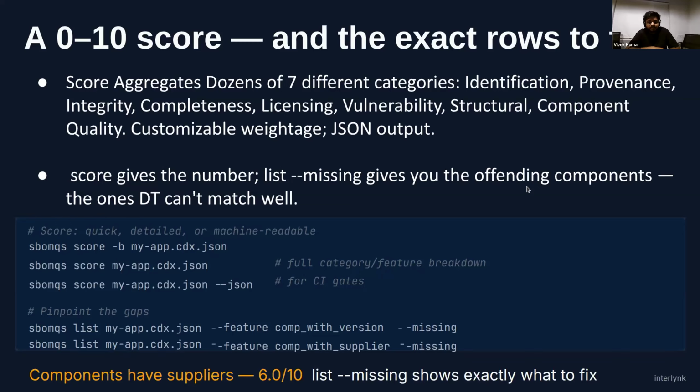You want to check what fields exactly your components are missing. From the score you can see what field is missing, and using the sbomqs list command you can get all the components that are missing that particular field or feature. We will see this later in the demo part.